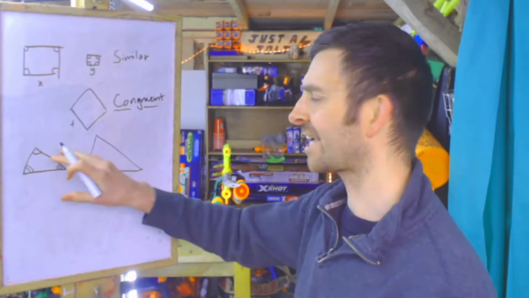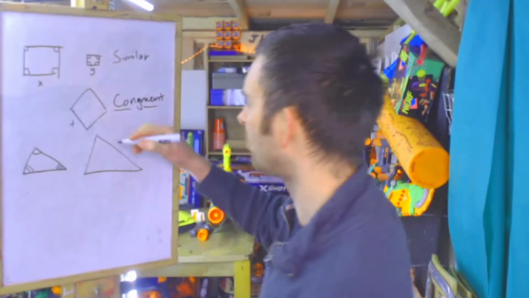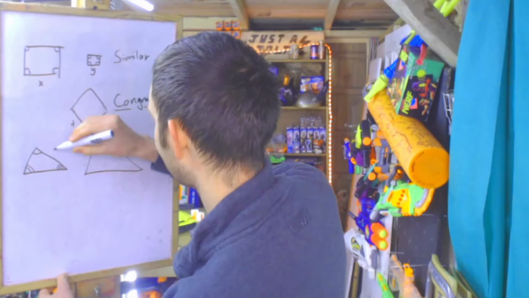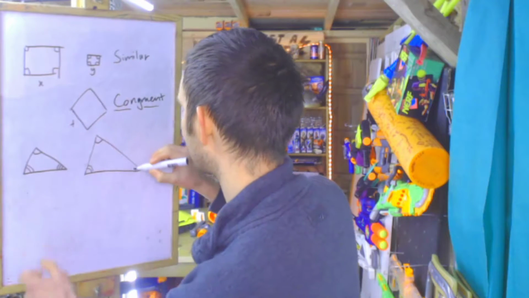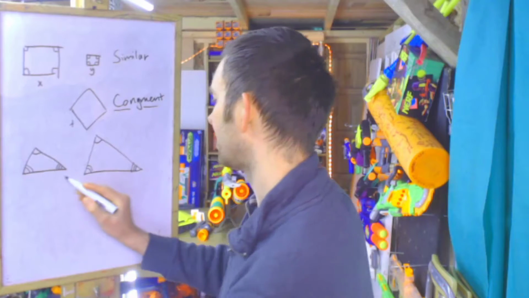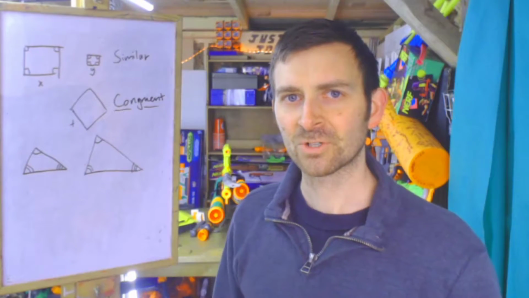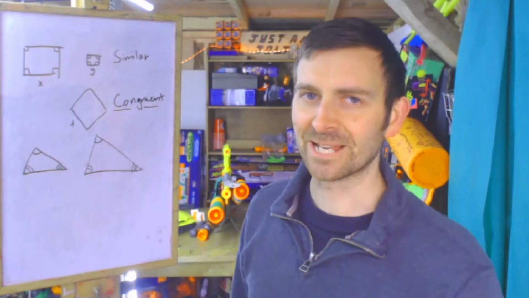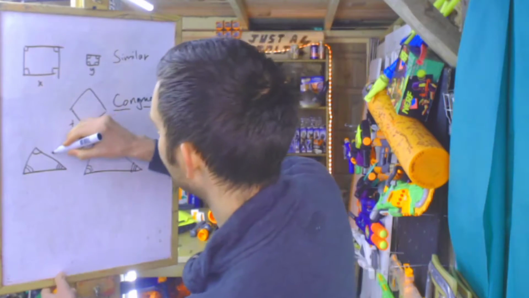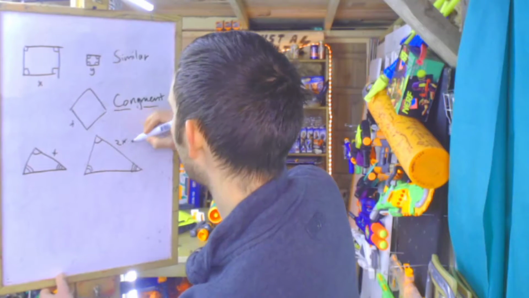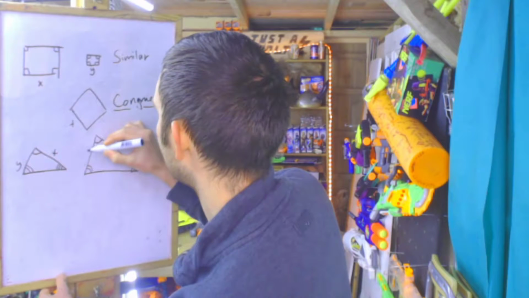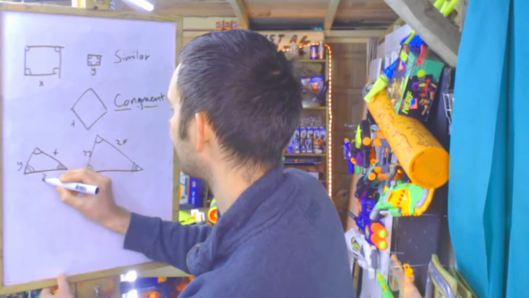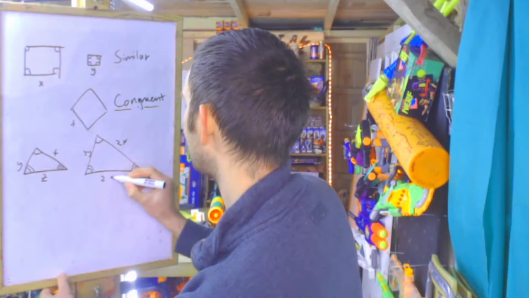So we're dealing with the same shape, just bigger or smaller. This angle's the same as that one, this angle's the same as that one, and this angle is the same as that angle there. The sides are not the same length. This one might be x. This might be 2x. This might be y. This might be 2y. This might be z. This one might be 2z.